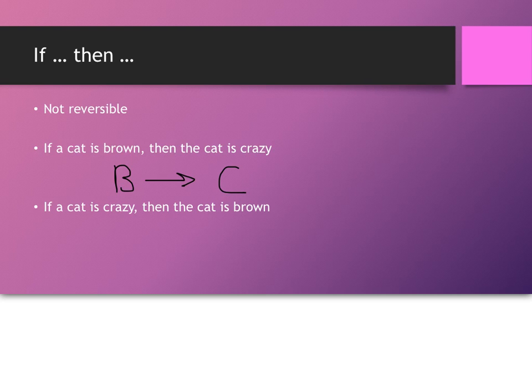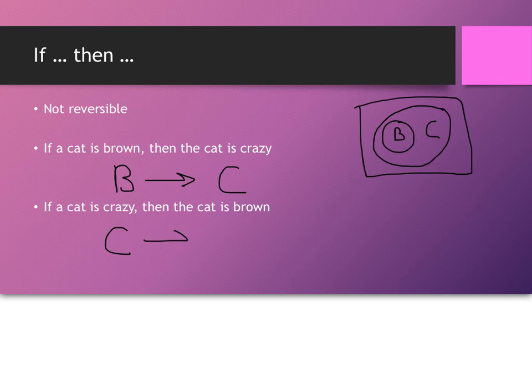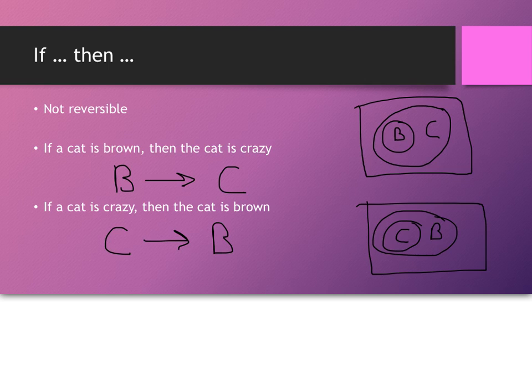It's like saying, if we talked about the Venn diagram, well, if we know we're in B, then we're forced to be inside C. The other one is the opposite way. The other one is saying crazy is a subset of brown cats.